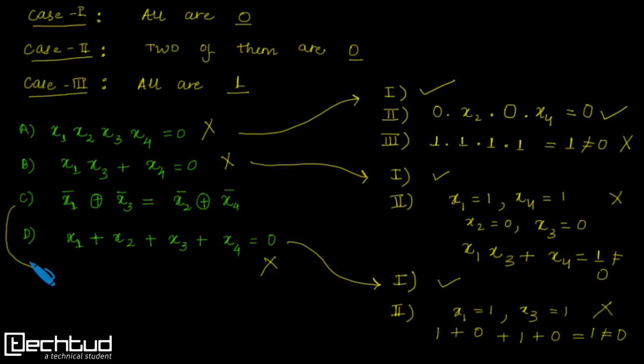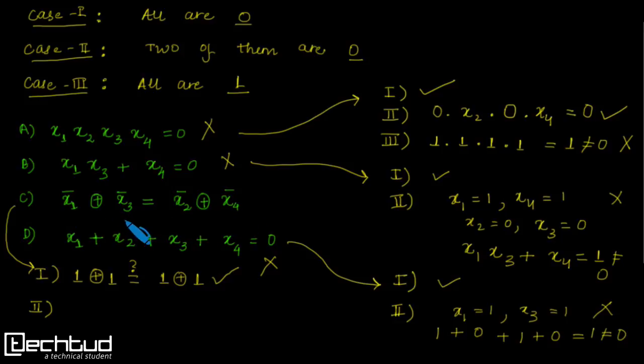If you want to analyze, you can see that in the case of option C, when we see the first case, when all are 0, what will be the case? 1 XORed with 1, will this be equal to 1 XOR 1? So we see that case 1 is true. Now let's analyze case 2. For option C, when two of them are 0 and the rest are 1, let's say x1 and x3 are 0 and x2 and x4 are 1.